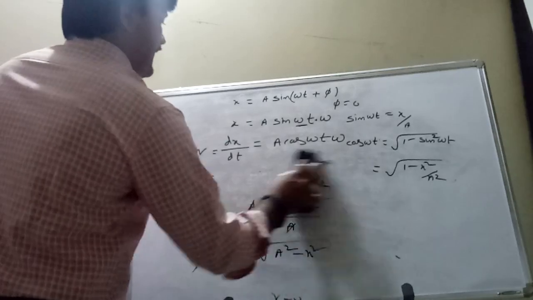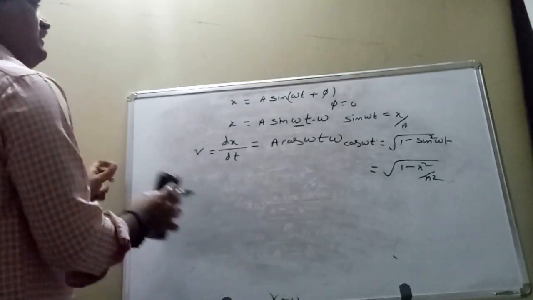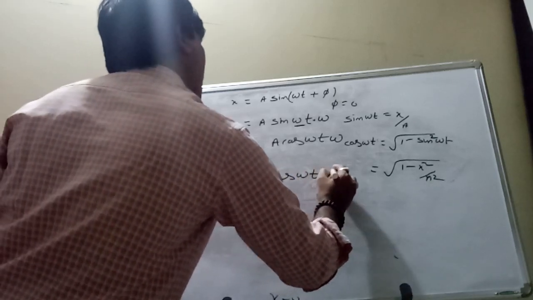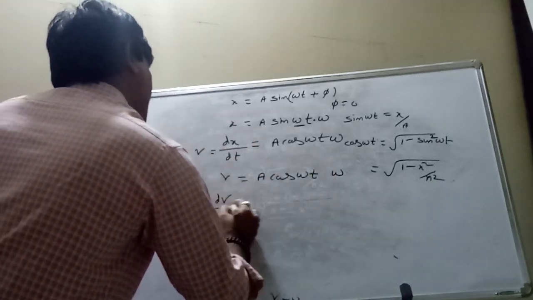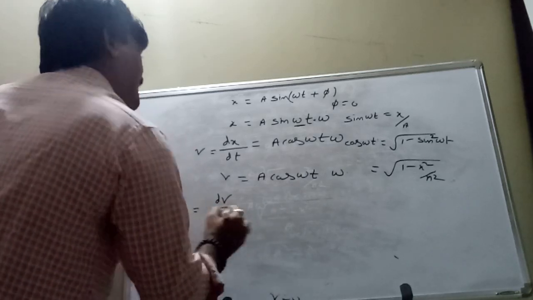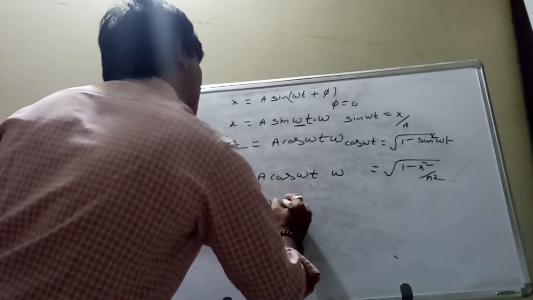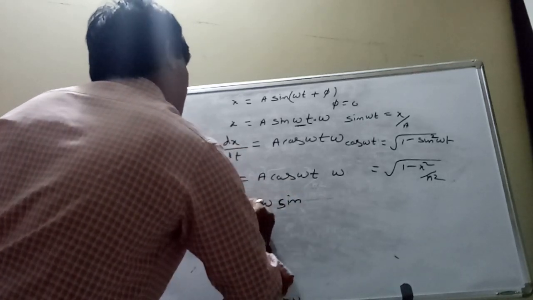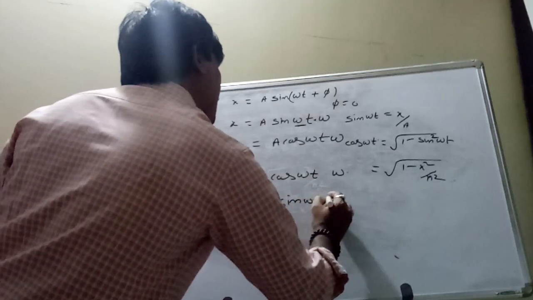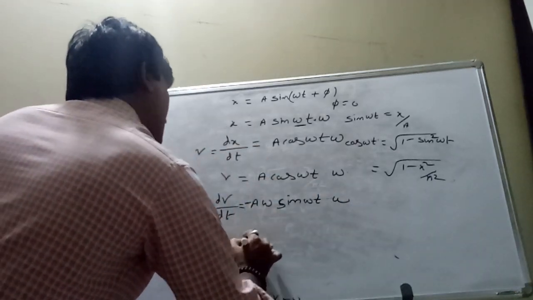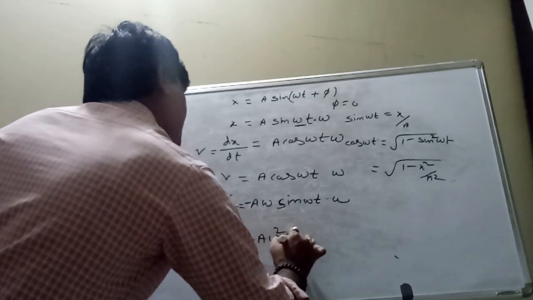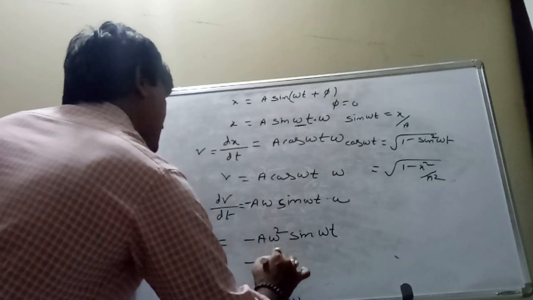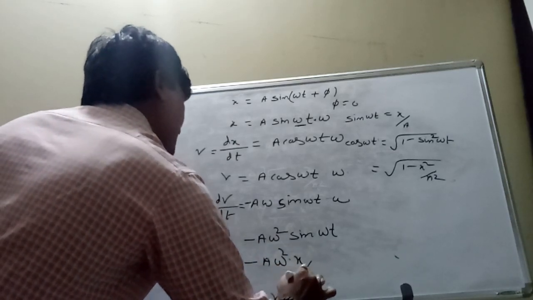Next, acceleration. So v = aω cos ωt. dv/dt, that is the acceleration, a = −aω² sin ωt. Sin ωt is x by a, so a = −aω² into x by a.